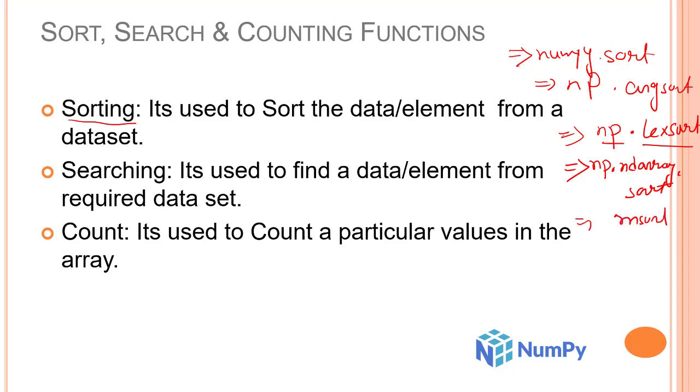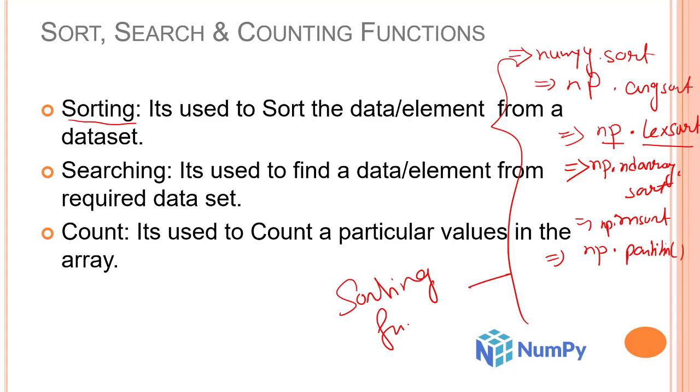Then we have the msort method, which returns a sorted copy. You can also go with the partition method, np.partition, which returns a partitioned copy of the array. Those are some methods particularly used for the sorting technique or sorting function.